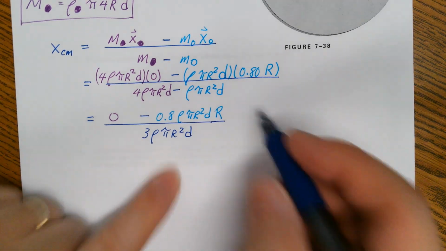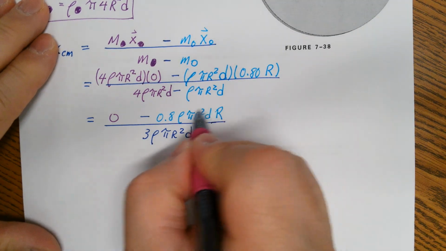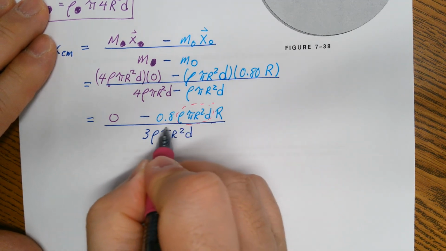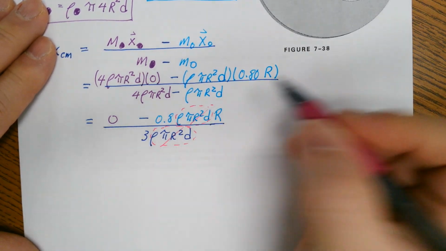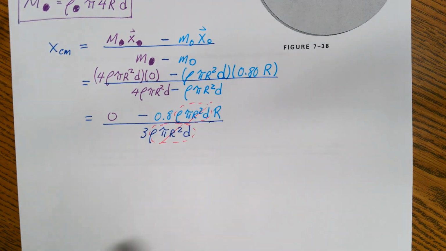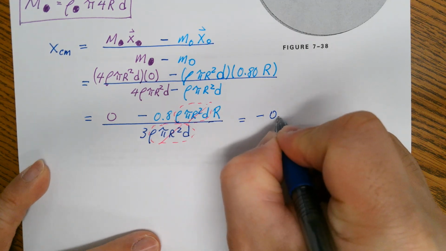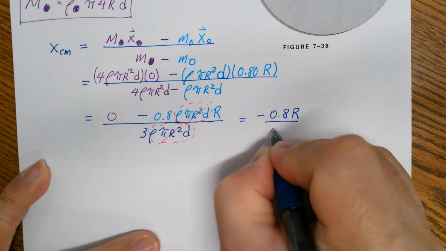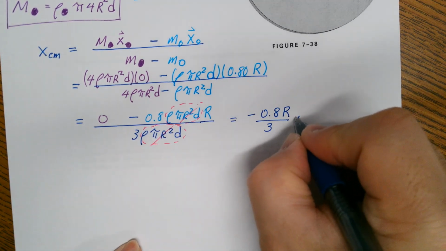So this turns out to be, well, look at this, rho pi r squared d at the top and rho pi r squared d at the bottom should be able to be canceled out as 1. So the only thing we have left is negative 0.8 r over 3 x hat.